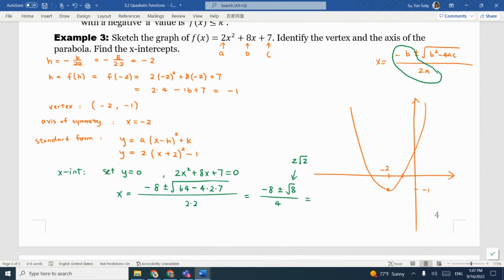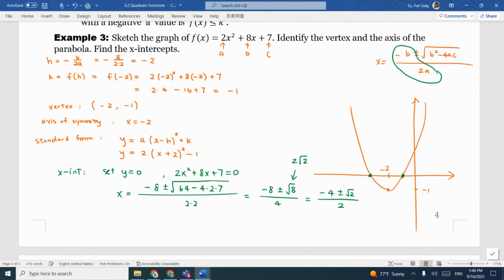Do you know the square root of 8 is 2 root 2? So we can cancel the 2. Divide numerator and denominator by 2. We get negative 4 plus or minus square root of 2 over 2. Is that okay, everybody? So that's the x-intercept.